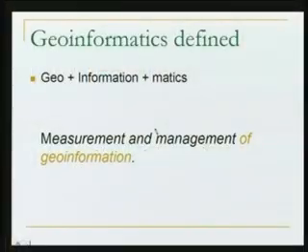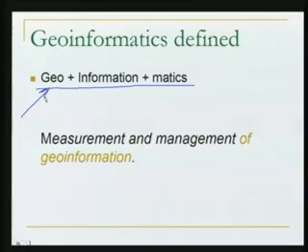So in order to understand that, we will start with the basic term geoinformatics. What is the definition of geoinformatics? The definition of geoinformatics is geo, information, and matics, as written here. So it is geo plus information plus matics. The meaning is geo stands for anything which is on the surface, slightly below, slightly up of the earth. Information about those features which are there on the surface of the earth.